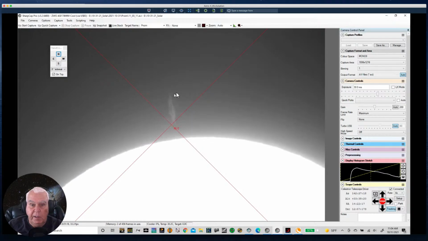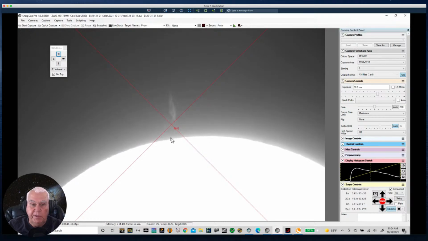You'll start arcing in one direction or the other, and then eventually disappear. But this had to be a massive, massive explosion to push those gases this high in the sun's atmosphere, because the gravity is massive.